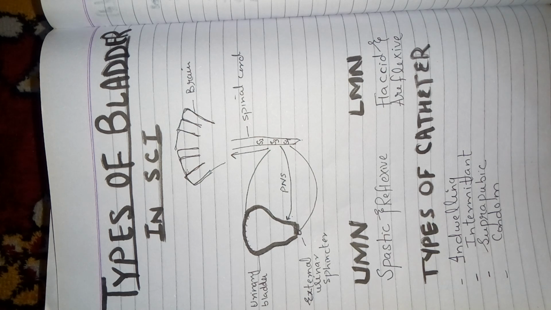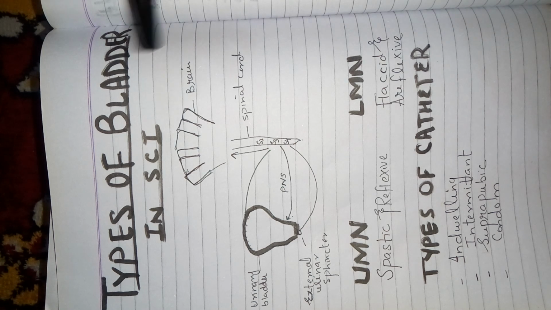So the level of the injury decides what type of bladder will result after the injury. I have described upper motor neuron and lower motor neuron types in detail in my previous video. Please watch that video. It will be really easy for you to understand here.